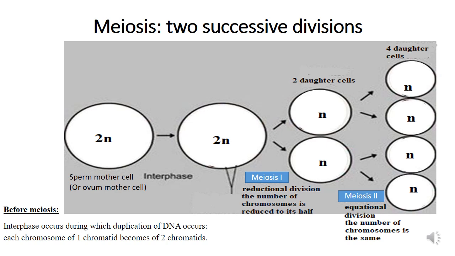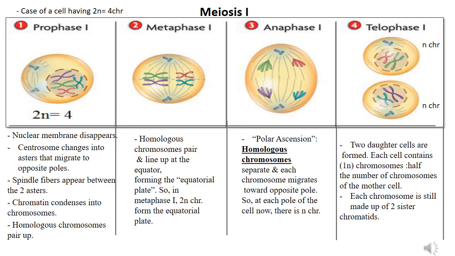So it's the same, an equal number of chromosomes. From 2 daughter cells with N chromosomes each, we have 4 daughter cells with N chromosomes each. That's why meiosis 2 is considered an equational division, because the number of chromosomes is the same.